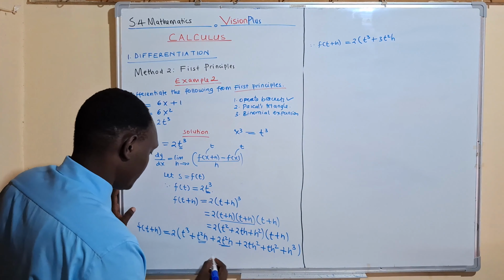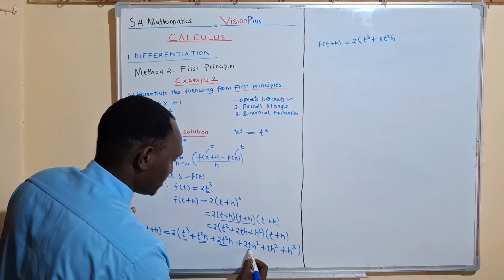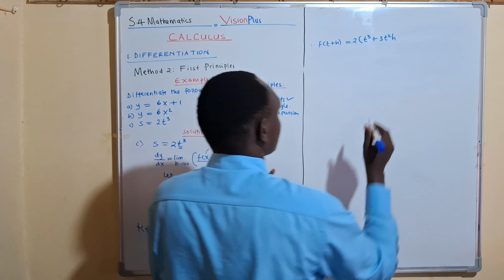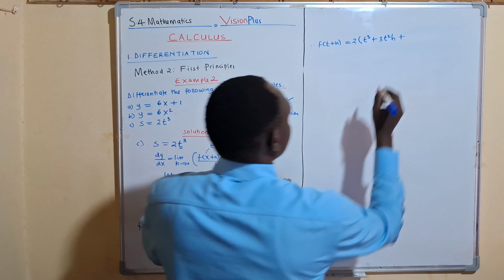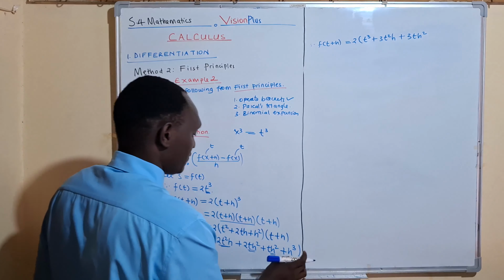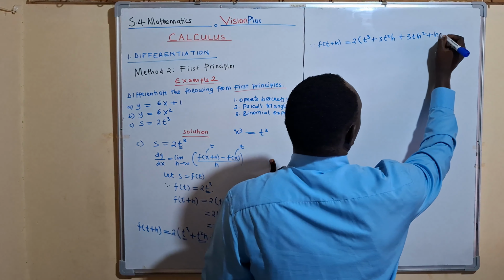And then for th squared, there is one here and another one here, so I'll have 3th squared, because this is 2, this is 1. Finally we have h cubed here.